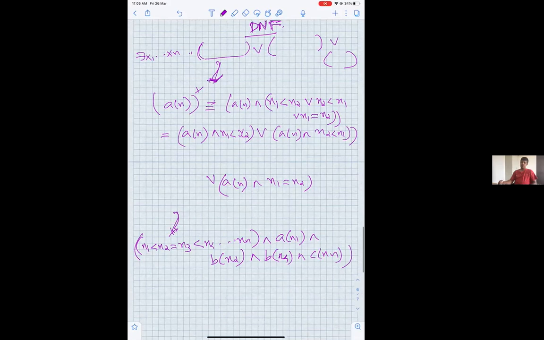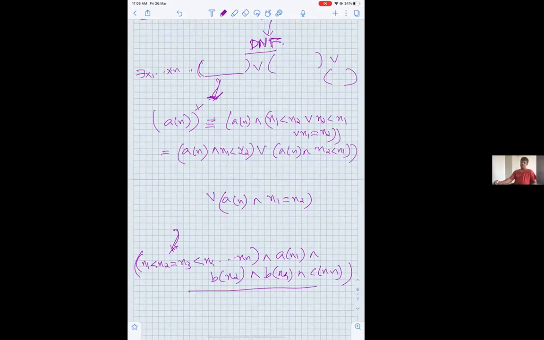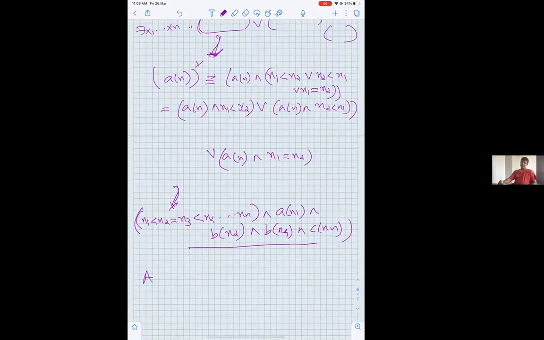So therefore, this disjunct is actually equivalent to saying A star, B, A star, B, A star, C, A star.